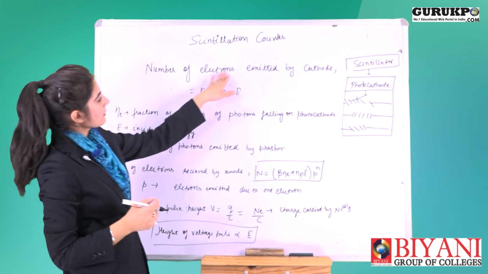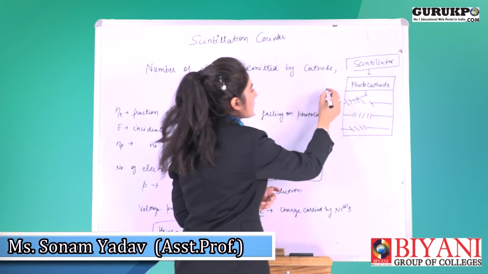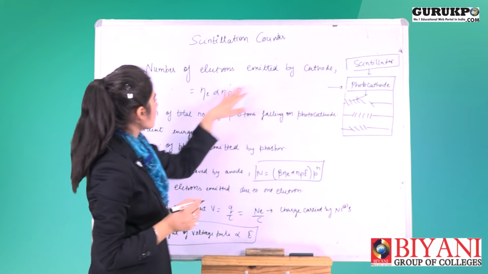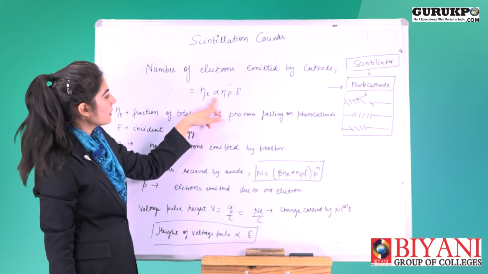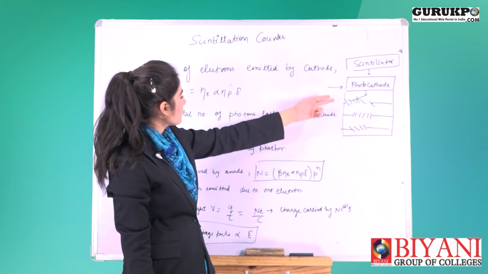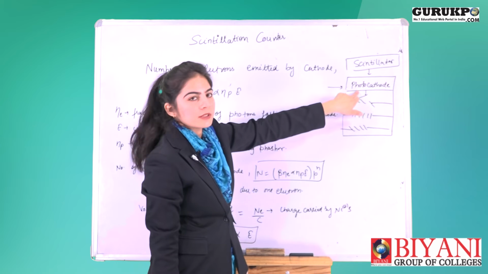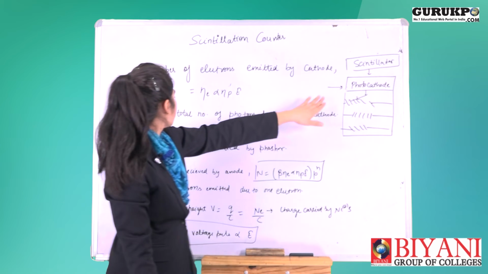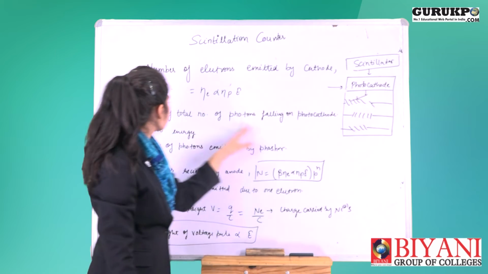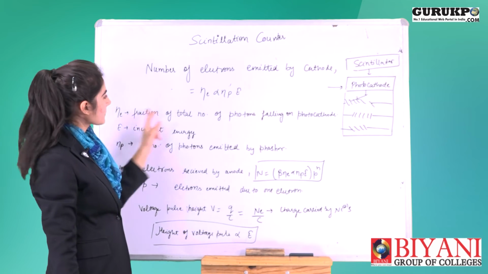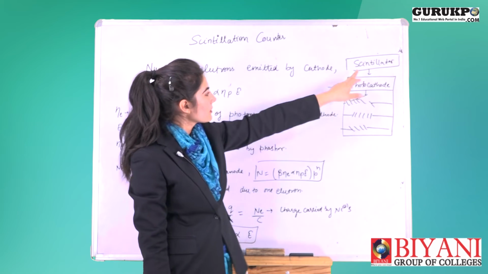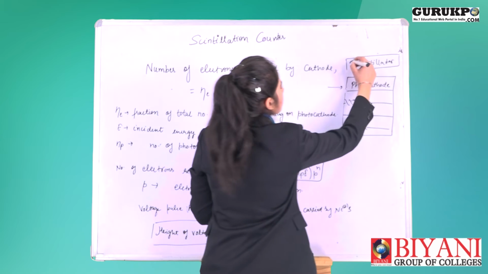The number of electrons emitted by this cathode is given as η ε α Np E, where η is the fraction of photons falling on this photocathode, denoted by η ε, and Np is the number of photons emitted by this phosphor, the scintillation.